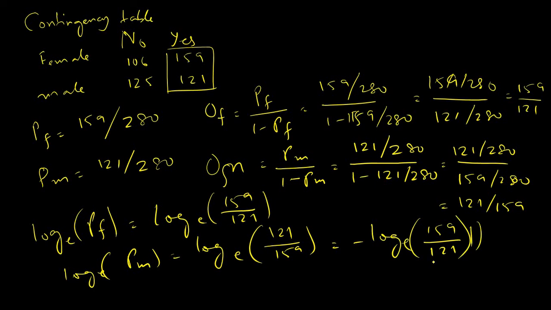So this value is exactly opposite of this. I'll show you mathematically using Python: log of 159 by 121 to the base e and log of 121 by 159 to the base e.